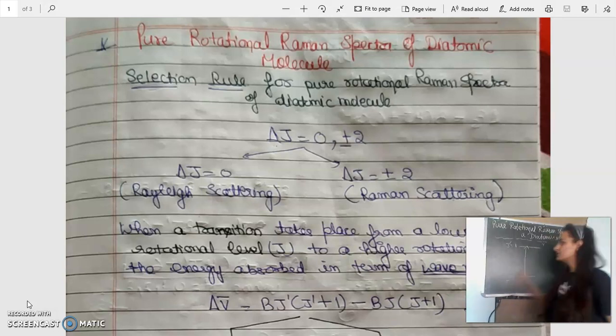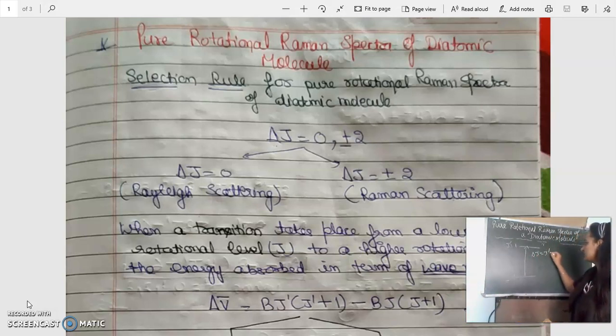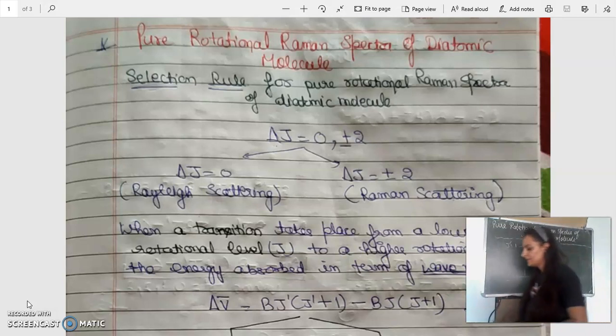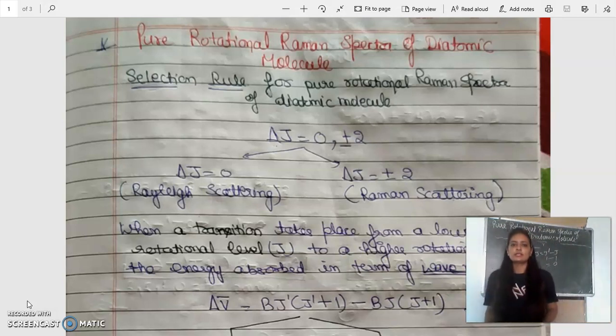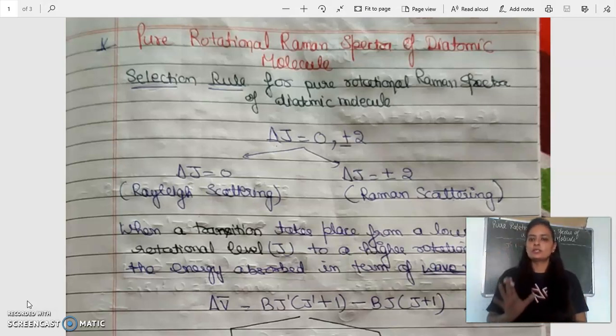Delta represents the change in the rotational quantum number, and we calculate it as J dash minus J. So in that case 1 minus 1 comes out to be 0. That means no change in energy takes place when the transition goes from one rotational energy level to another.